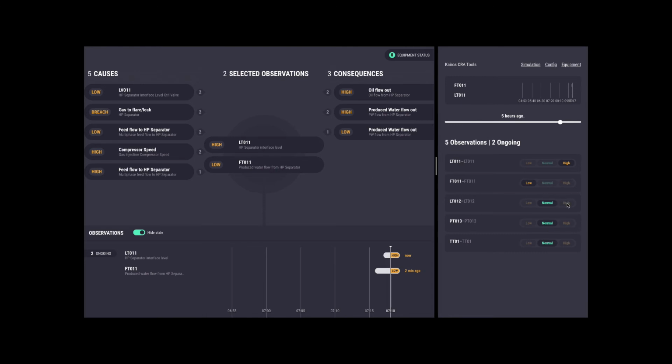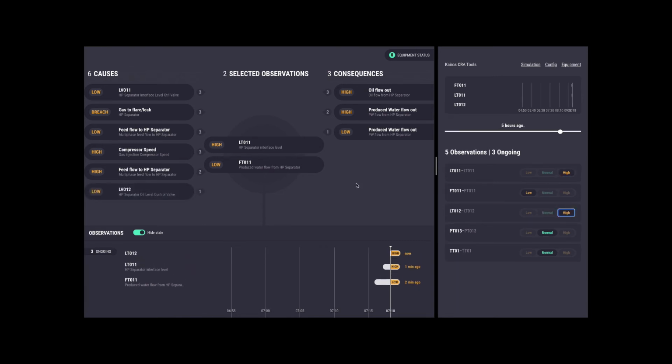Next, the oil level increases as well, and we can see that we have 4 potential causes for this.